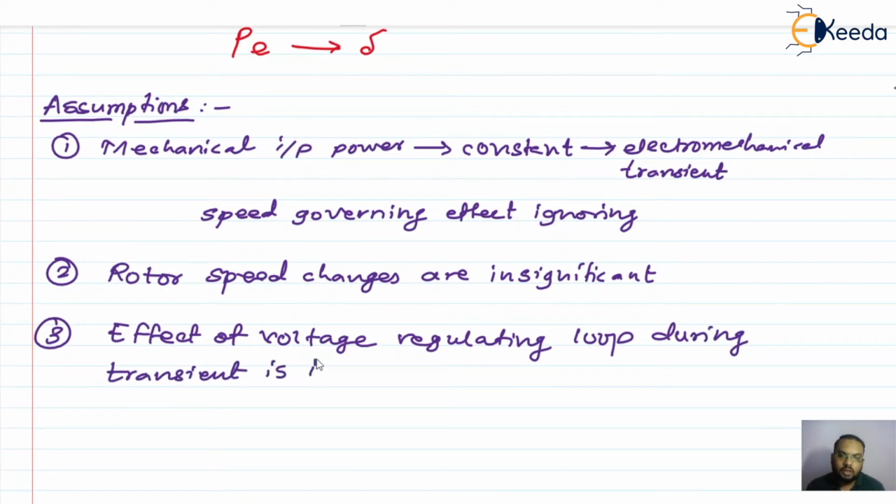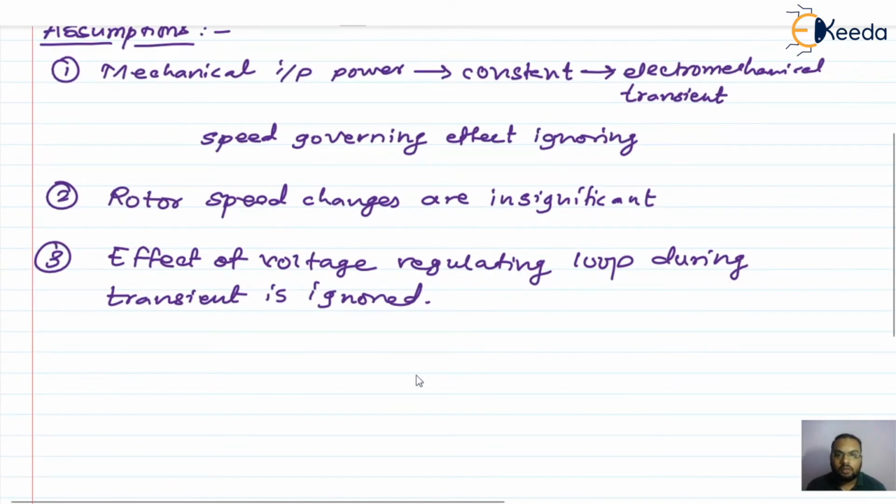Okay, see why it is so, because we have to give justification for why we are making those assumptions. As I will tell you, during the transient which is going to last for some order of cycles, the voltage will not change. Okay, the generated EMF of the machine will remain constant. That is why the effect of voltage regulating loop is going to be ignored here.